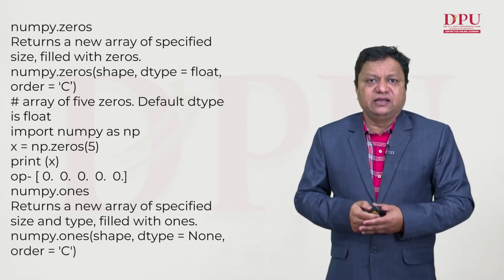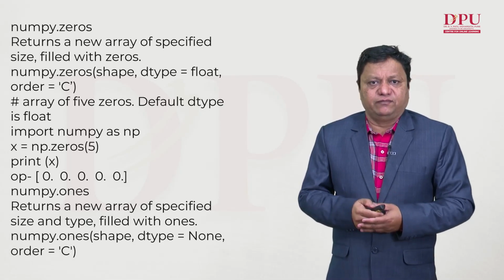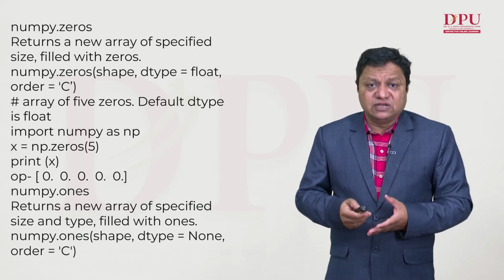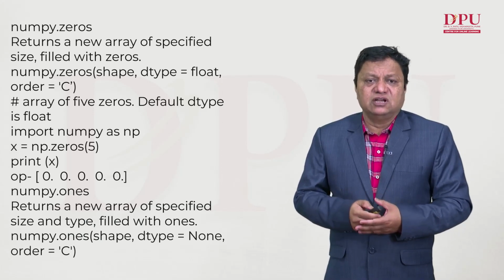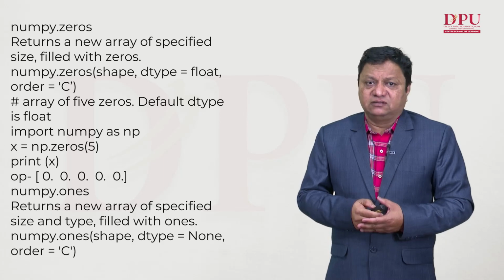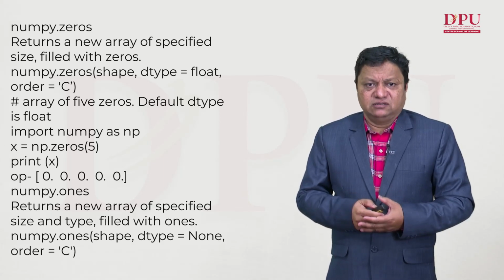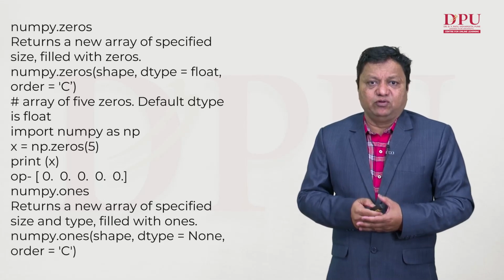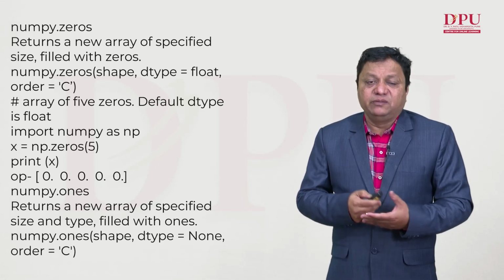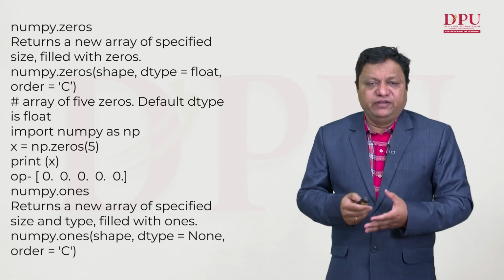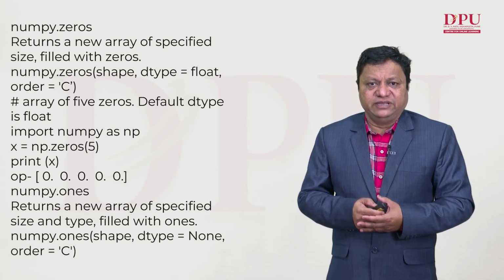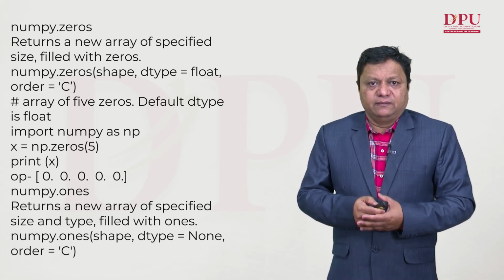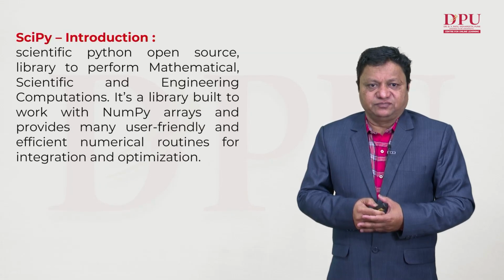So in this way I can create arrays either of empty values, zeros, or ones by using the attributes empty, ones and zeros. Depending on the application, we can use different attributes of the ndarray with the array object.